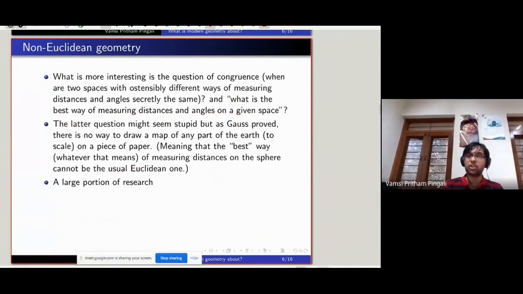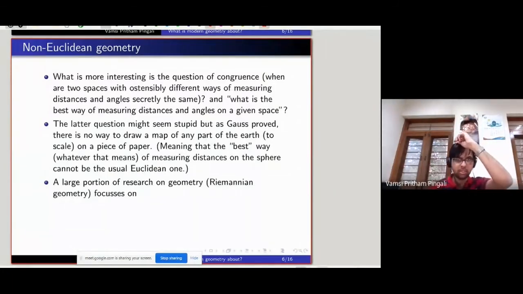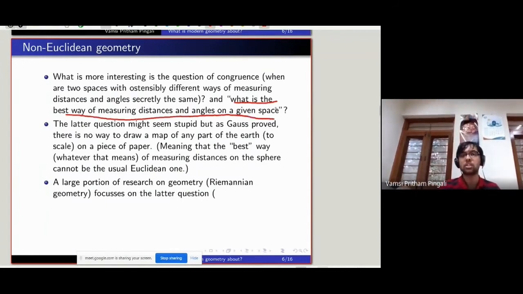So a large portion of research in geometry, and this area of geometry is called Riemannian geometry, focuses on the latter question. What is the best way of measuring distances and angles on a given space?